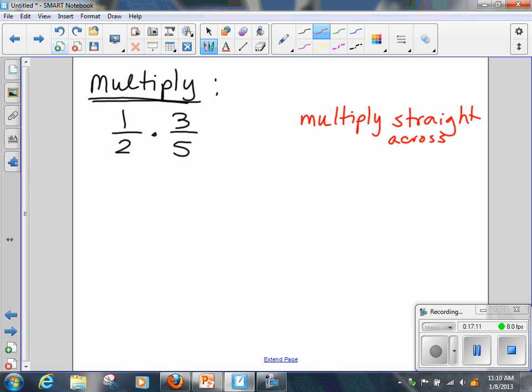All right, when we do that, we get 3 over 10, right? All is well with the world. It doesn't have to reduce, correct? But what happens when you get something like this? That's bad.